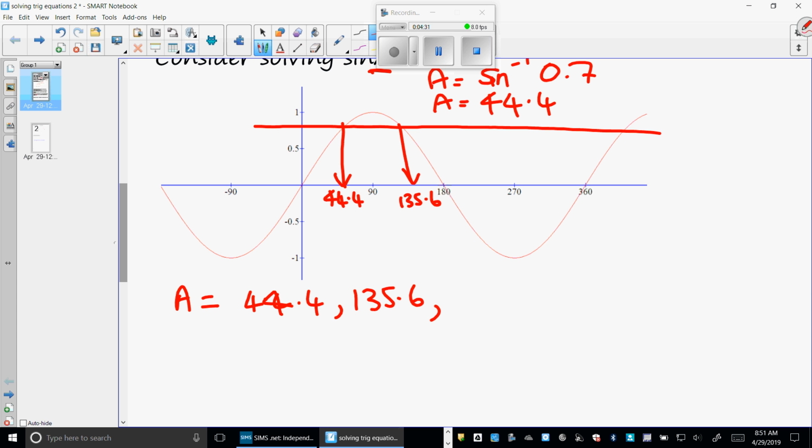No, these are all A, because we found sin A. So 404.4, and then we can do that again, yes? We can add another 360 to get 764.4.